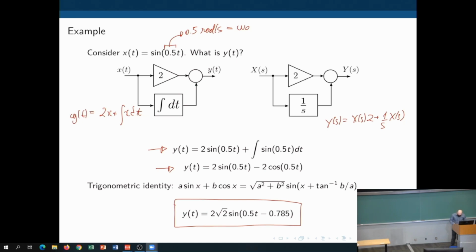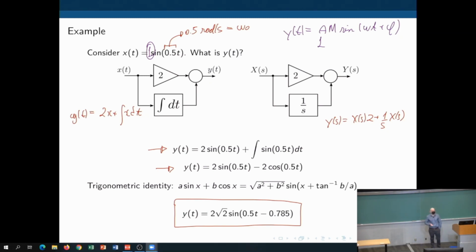What do we expect to see in the output? Well, we expect to see y of t equals A M sine of omega t plus phi. What is A? A is the magnitude of the input, in this case 1. What is M? M is the magnitude of the transfer function at the particular frequency of excitation. Based on the result you got at the bottom there, what is M?